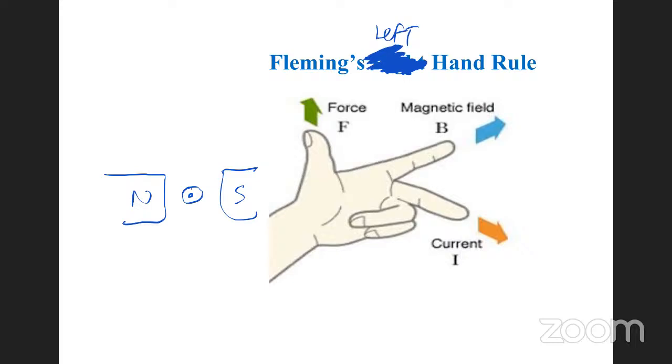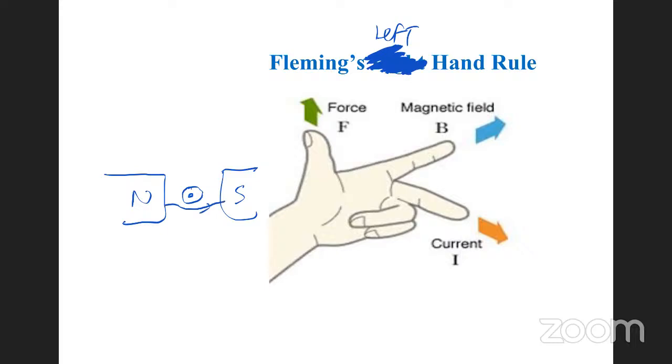That's where Fleming's left hand rule comes in. That's the left hand, right? So, left hand rule. Thumb is the force, magnetic field is the first finger, and current is the middle finger. So see if we could use it here. Magnetic field moving from north to south.